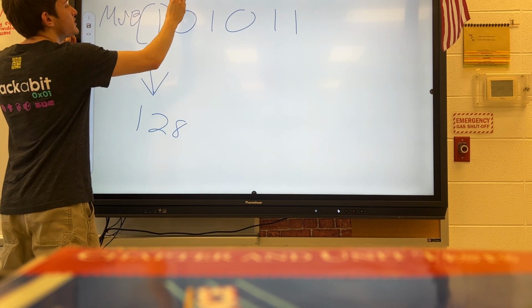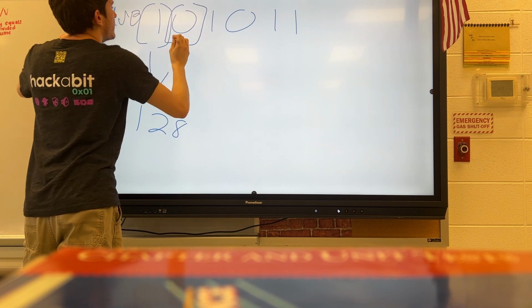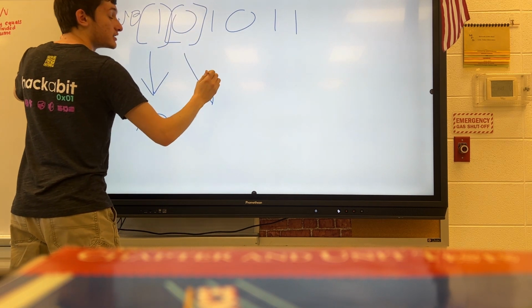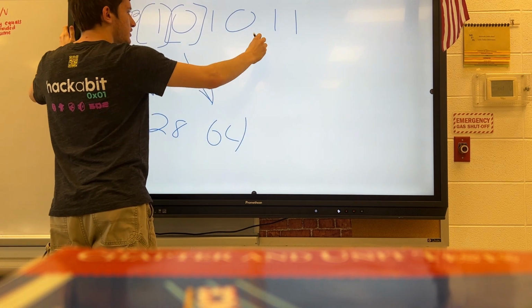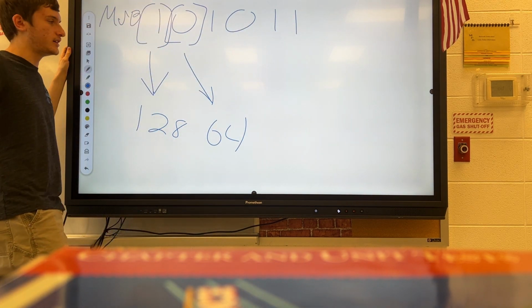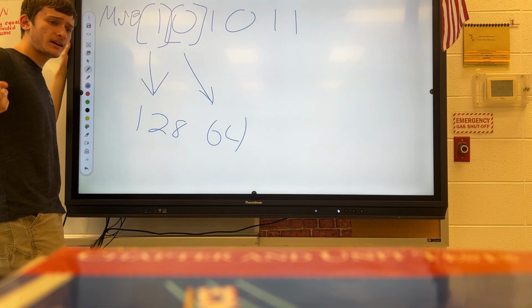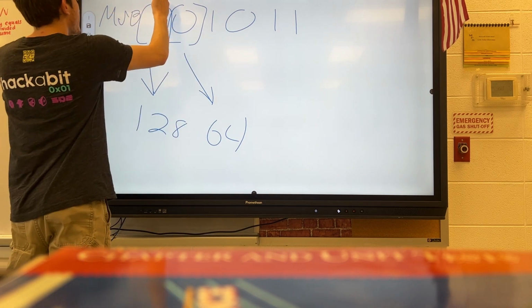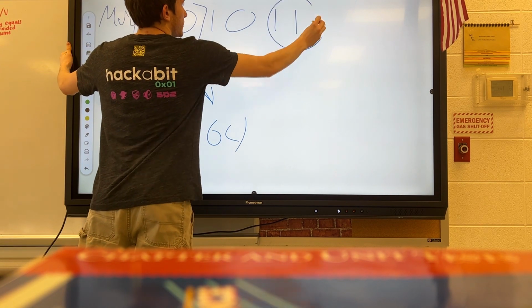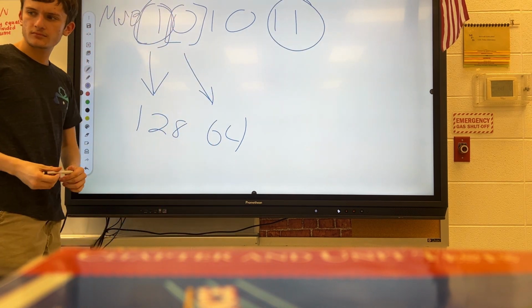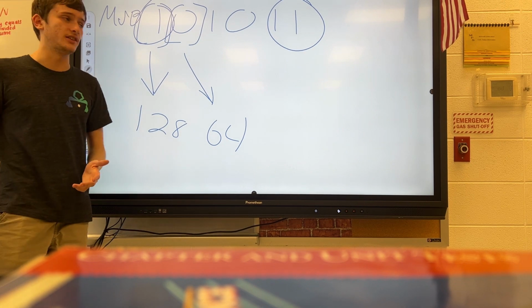Now if we were to look at this one, it will be something lower than 128, so let's say like 64, and so on and so forth. It will go increasingly lower because the most significant value is here at the front, while the least significant will be here at the right side. So that's how you can differentiate between those two.